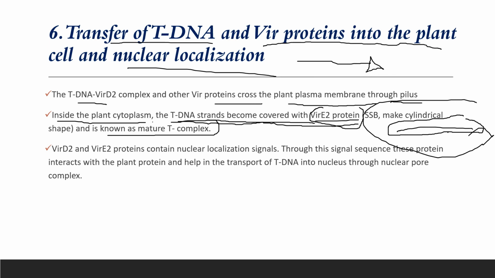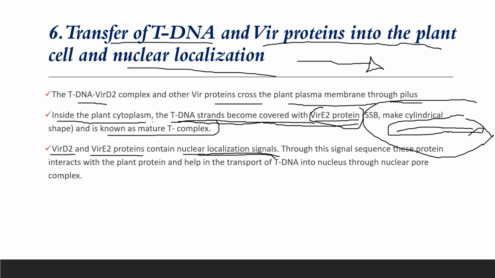All right. Also, VirD2 and VirE2 proteins contain nuclear localization signals. So these two proteins play a very important role. VirD2 and VirE2 help in the transfer of this tDNA from Agrobacterium to the plant, and they also contain nuclear localization signals.